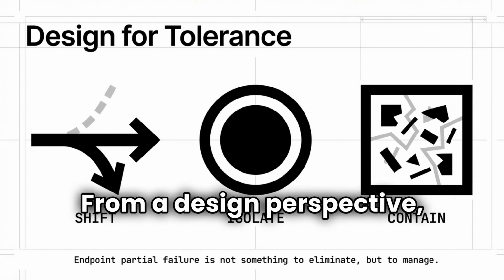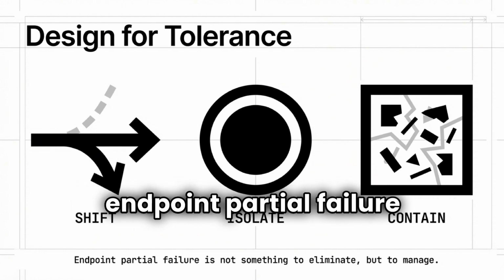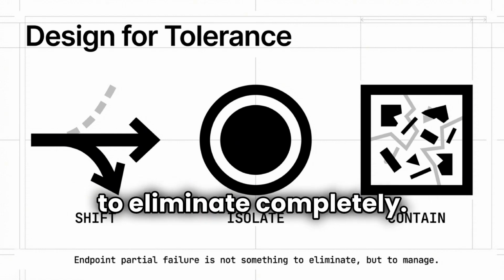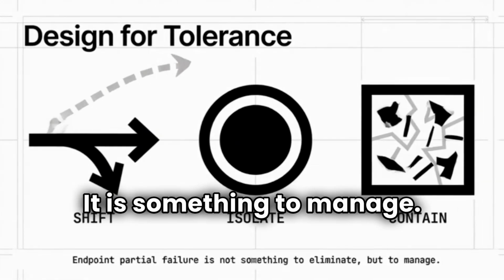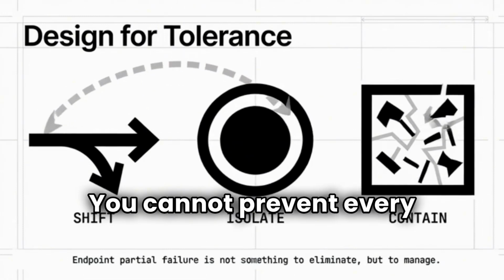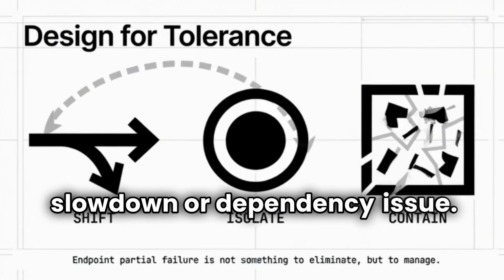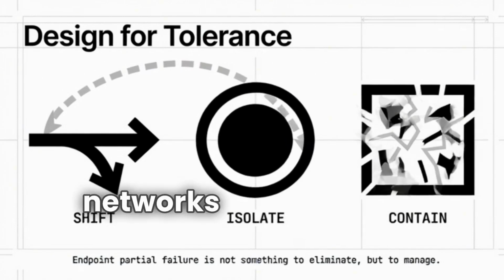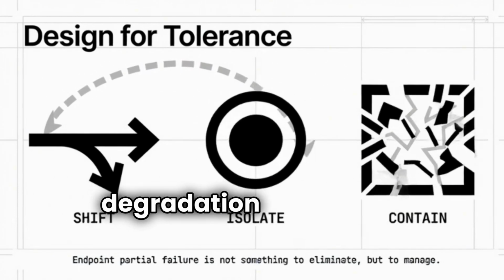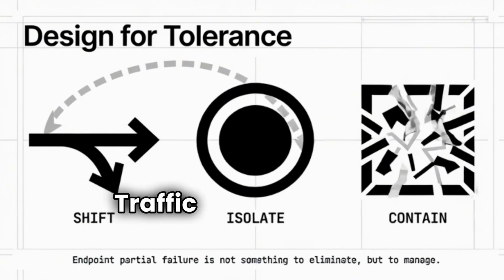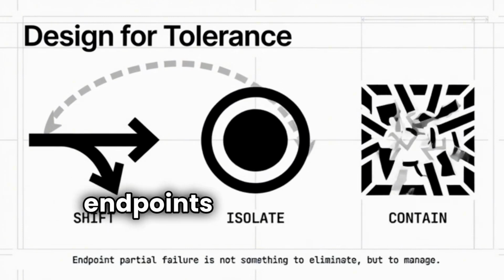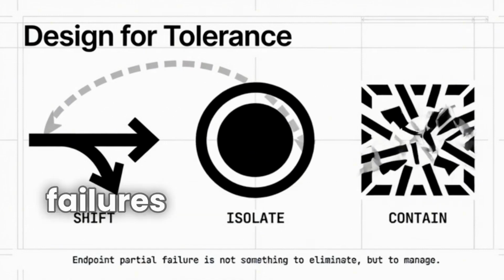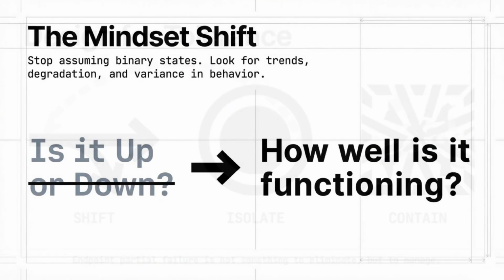From a design perspective, endpoint partial failure is not something to eliminate completely. It is something to manage. You cannot prevent every slowdown or dependency issue. But you can design networks that tolerate degradation gracefully. Traffic can be shifted, endpoints can be isolated, failures can be contained.